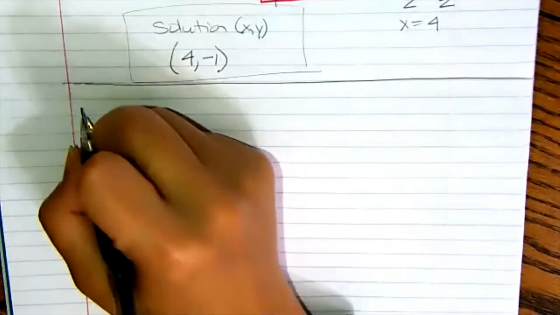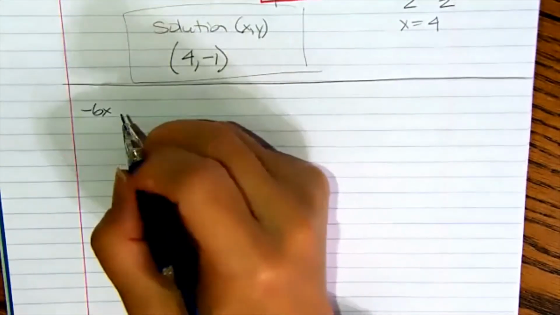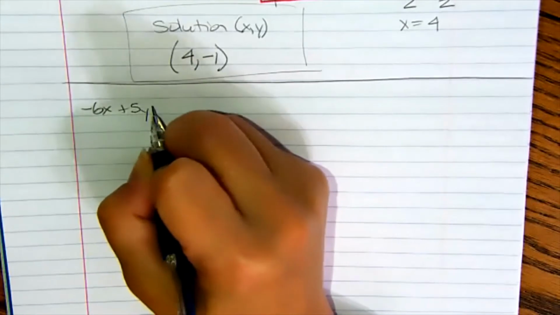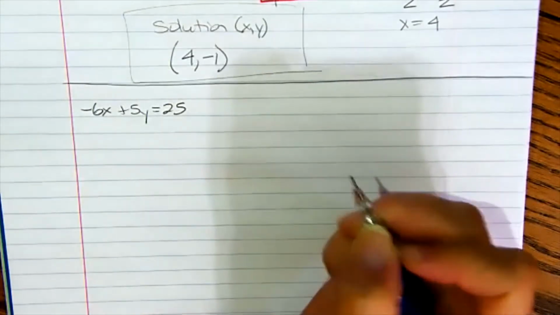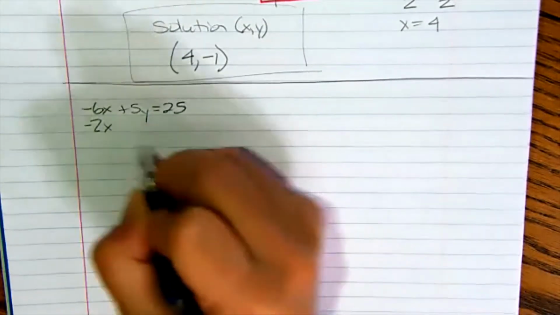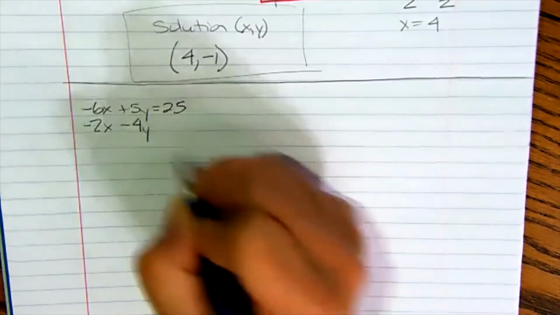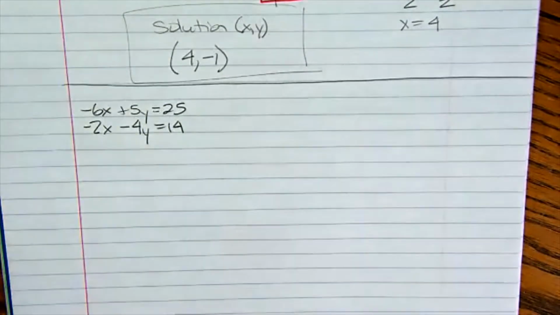We have -6x plus 5y equals 25 and -2x minus 4y equals 14.